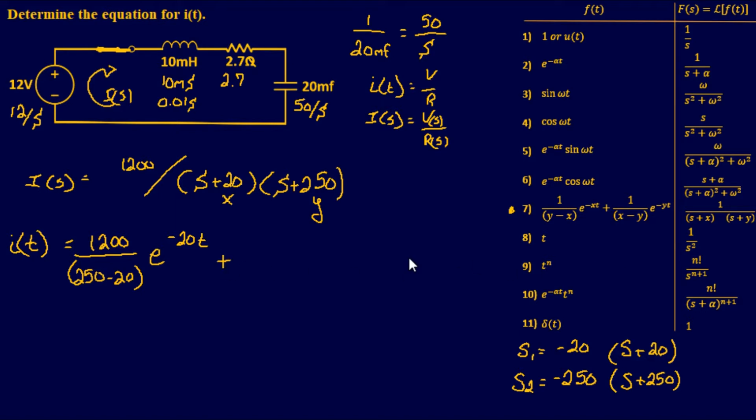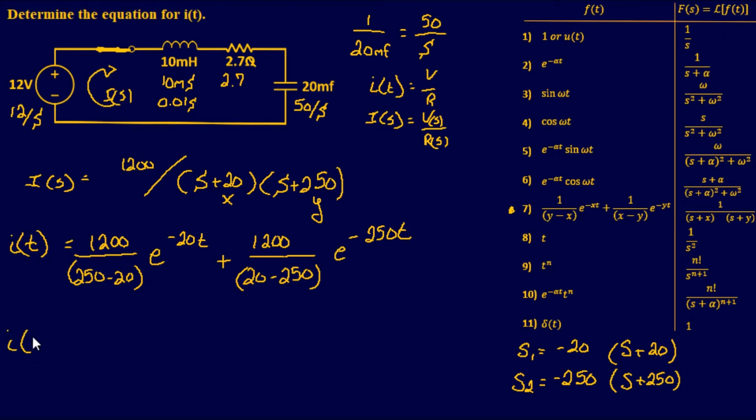And then plus, same sign inverse, we have 1200 on top on our numerator. And then we have x minus y, so we're going to have 20 minus y, which is 250. And that's going to be e to the negative y, which is 250 times t. Like I said, not very difficult, just breaking them down and finding a way to manipulate them to fit your needs. All right, and then plug and chug that in that calculator.